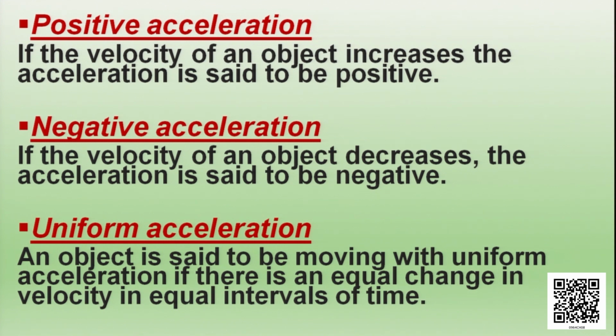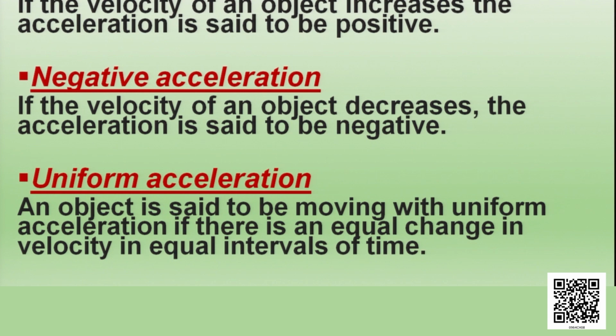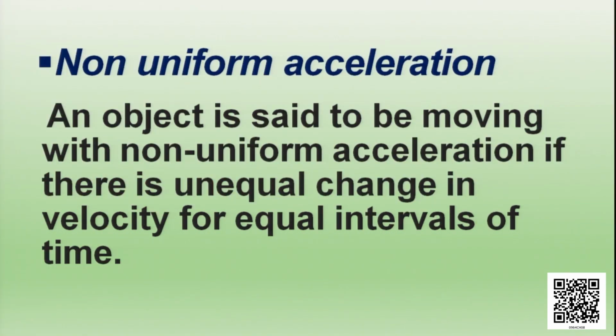What is negative acceleration? If the velocity of an object decreases, the acceleration is said to be negative. Then we learned about uniform acceleration. An object is said to be moving with uniform acceleration if there is an equal change in velocity in equal intervals of time.